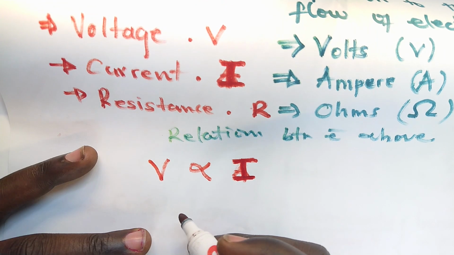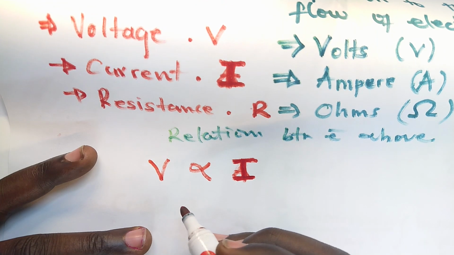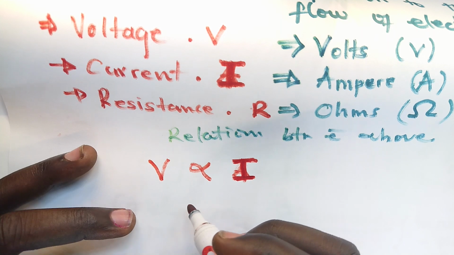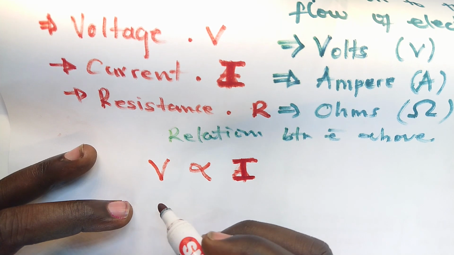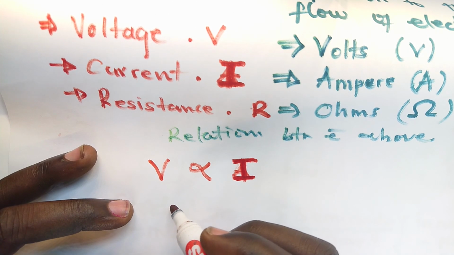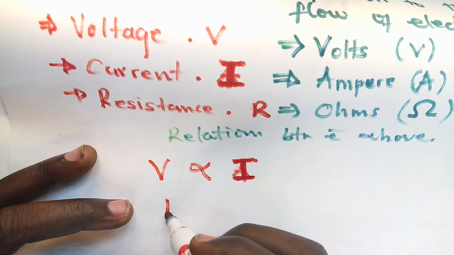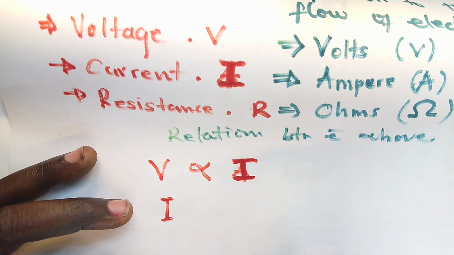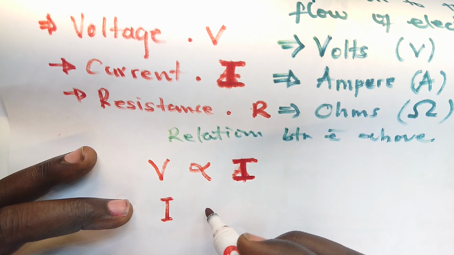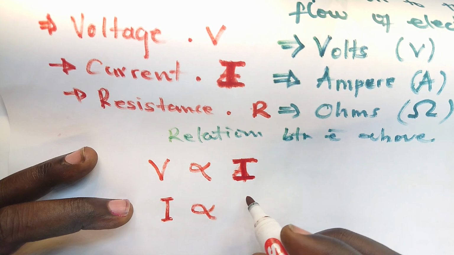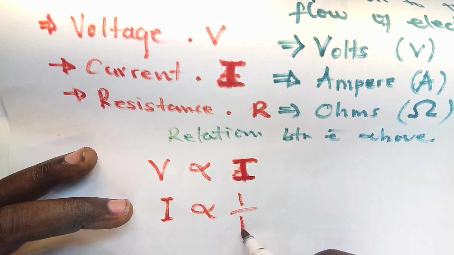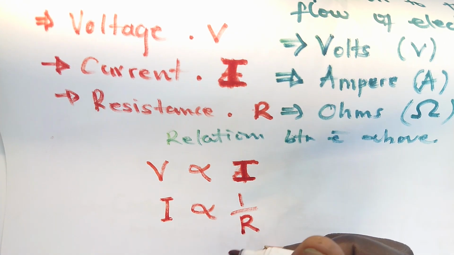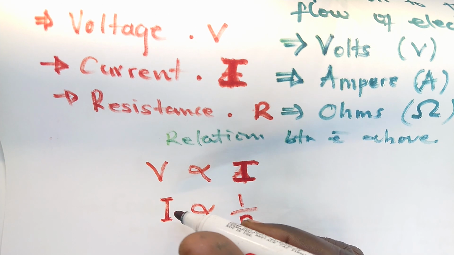Now, the other thing that you should know is that because current is being resisted, it will therefore be inversely proportional to resistance. That means the higher the resistance, the lower the current that flows.